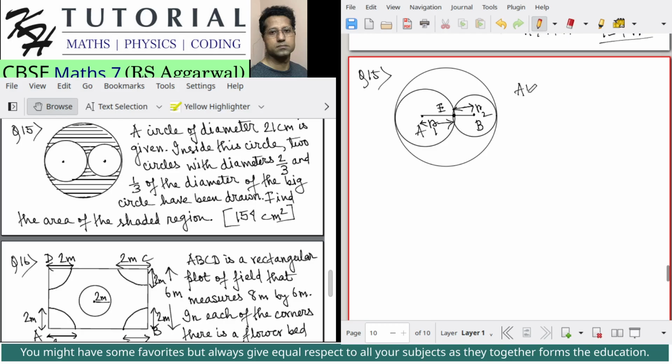E is the point at which the two inner circles are touching each other, and the points A, E and B lie on the same straight line. So AE is the radius of the inner bigger circle, let that be R1, and EB is the radius of the inner smaller circle, let that be R2.